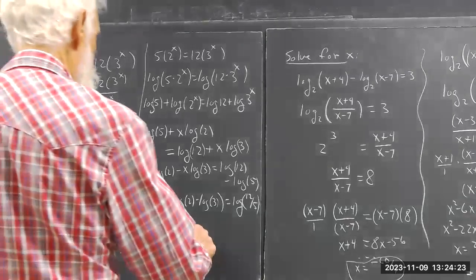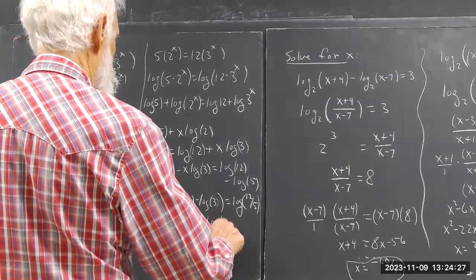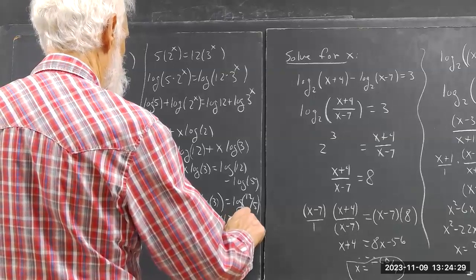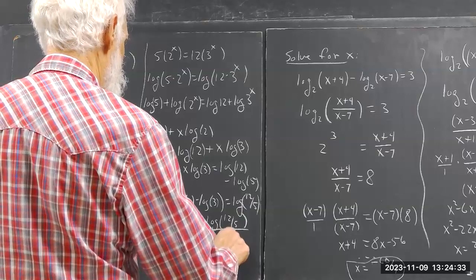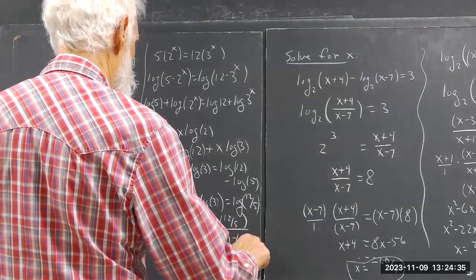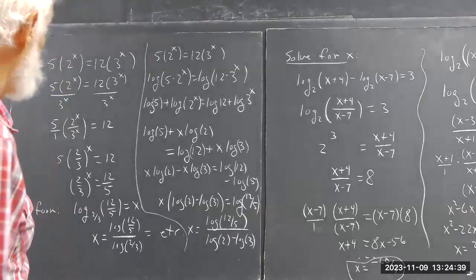So that x equals log of 12/5 over the log of 2 minus the log of 3.